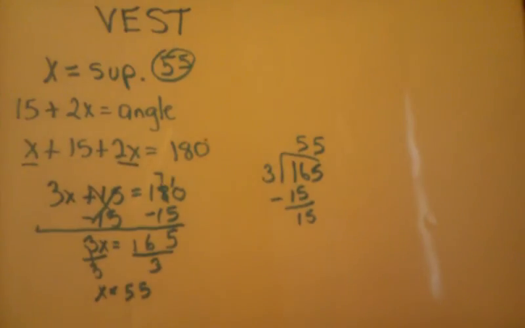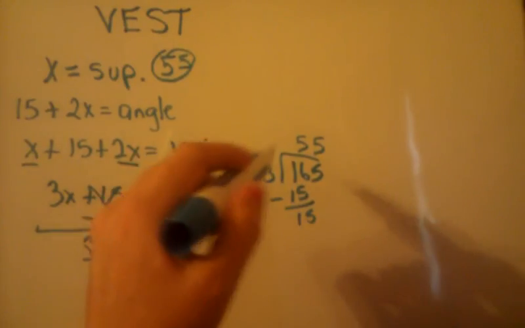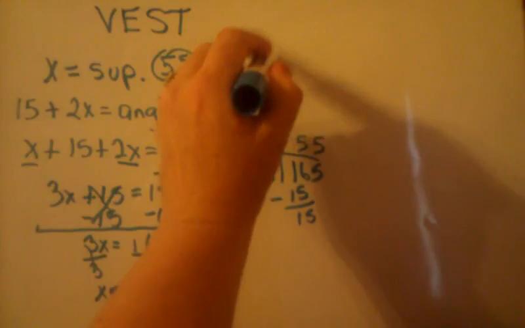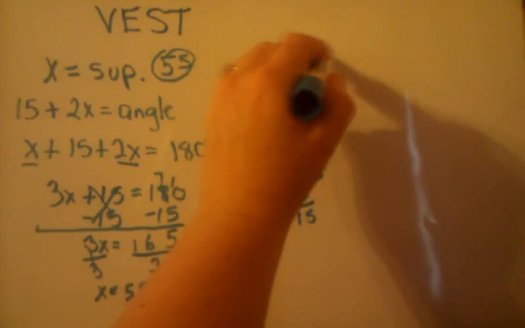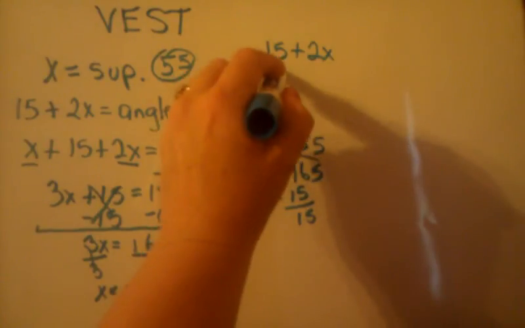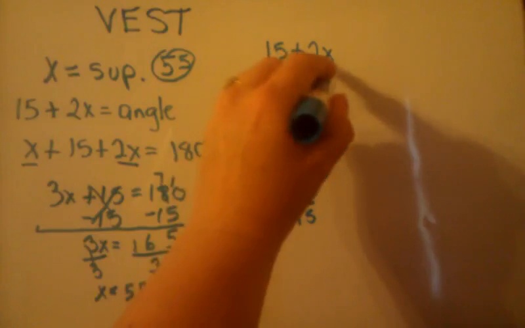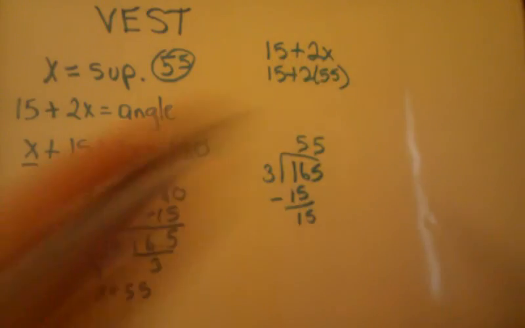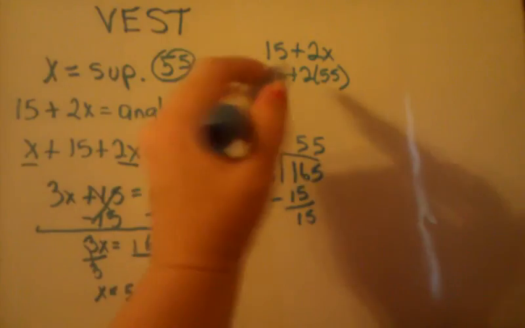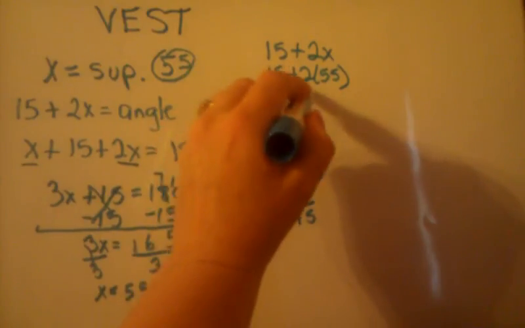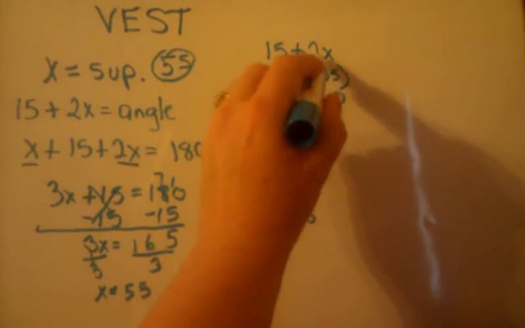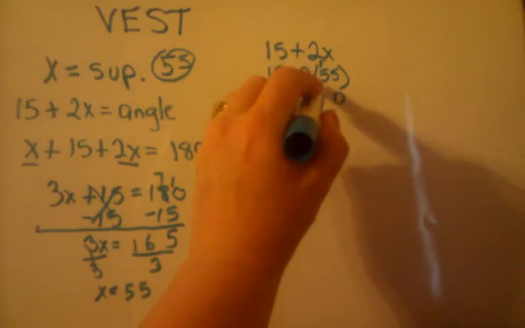What is my angle? Well, it says 15 plus 2x. 15 plus 2 times 55. 2 times 5 is 10. Carry my 1. 2 times 5 is 10 plus 1 is 11.